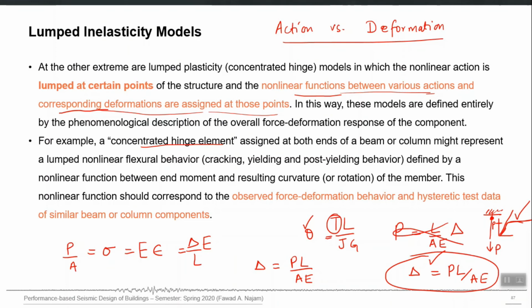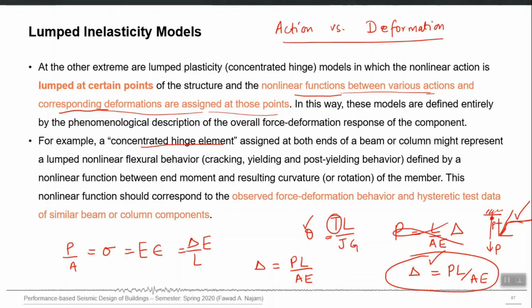But just imagine for now that you have that relationship. If that is available, you define a hinge at a location and assign that hinge this relationship, give this as an input to that hinge. A hinge has only one input, and that is a nonlinear action deformation behavior, right? It has no length, no dimensions, anything.